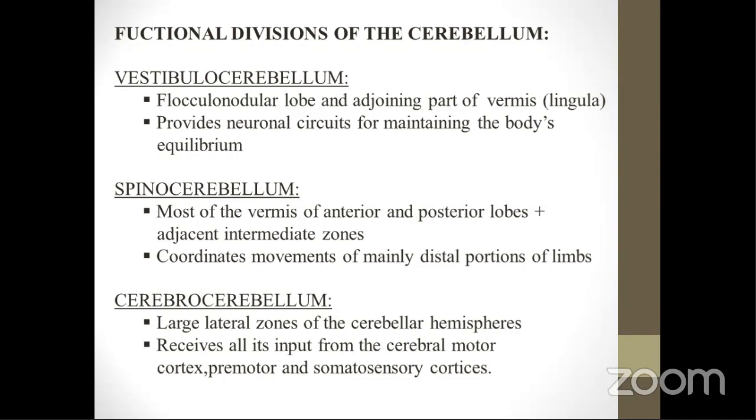This part receives input from different parts of the cortex like the motor cortex, premotor cortex, and somatosensory cortex. So in the first part of the long answer question, you can write the anatomical division, skip the phylogenetic division, and then write the functional division of the cerebellum.